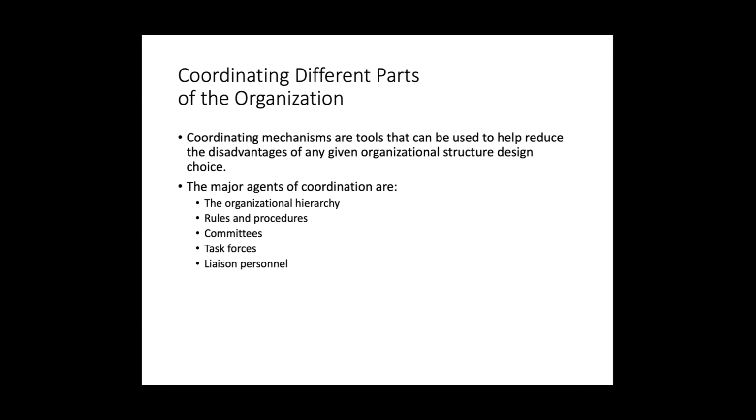The organizational hierarchy itself, different rules and procedures which are dictated and then disseminated out to staff, committees, task forces, liaison personnel. I've got to tell you, what we're really talking about on this slide is your choice of organizational structure will practically in the real world be better if you are better at enforcing clear lines of transparency and communication.